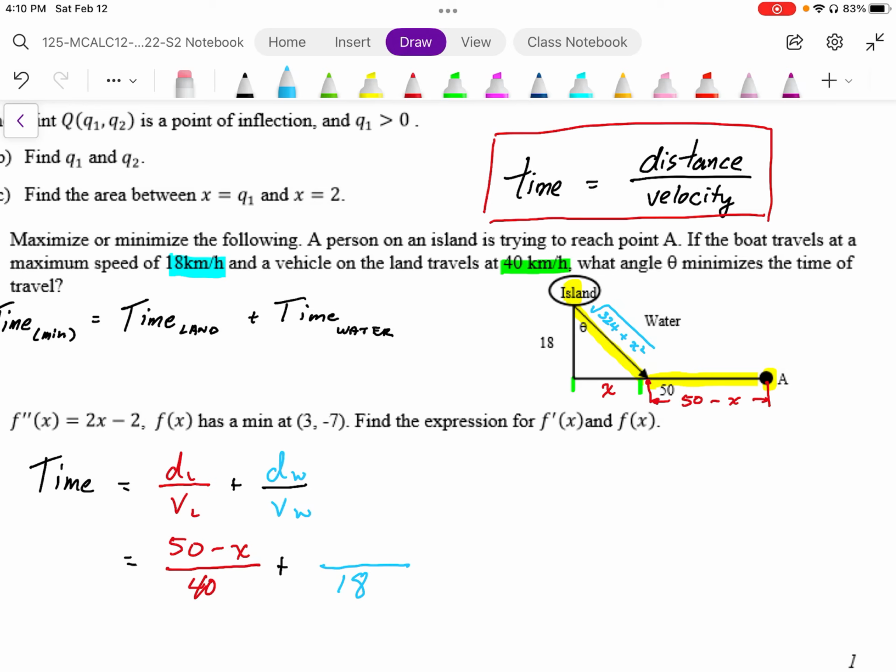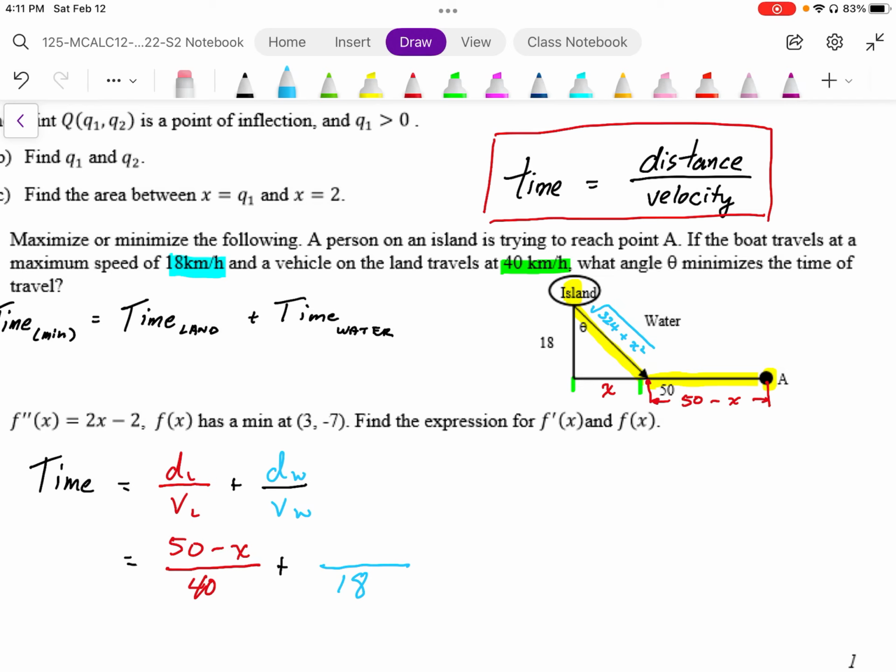Now we want this in terms of x or theta. So in this case, we're going to do this in terms of x first, and then after the fact, we're going to solve for theta. We could set this up directly for theta, but it might be easier to work this out based on x.